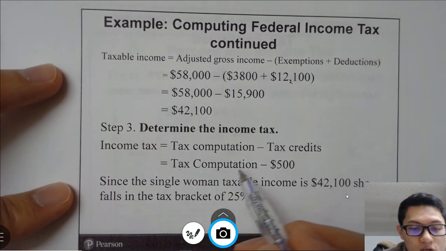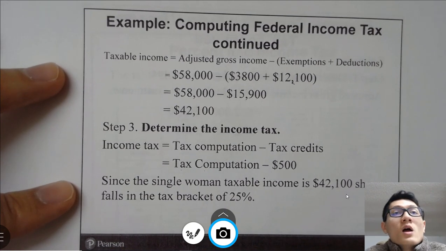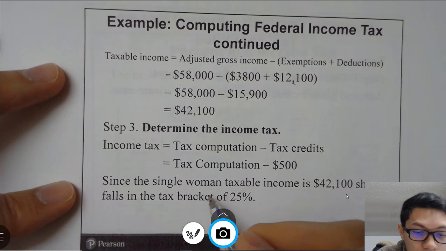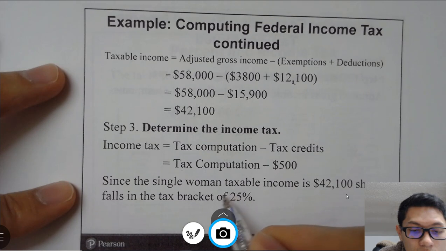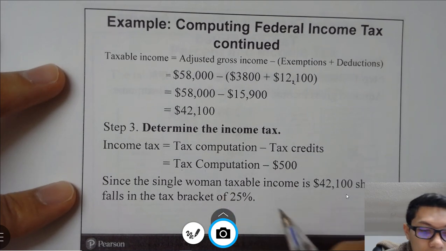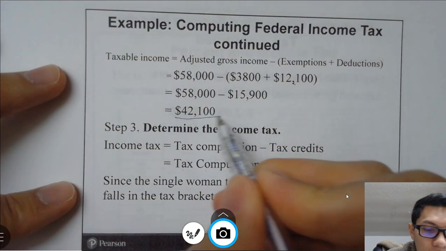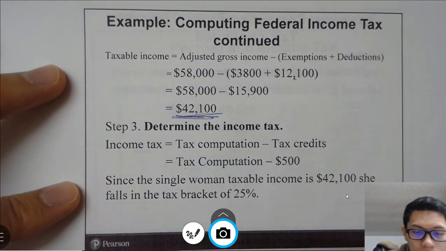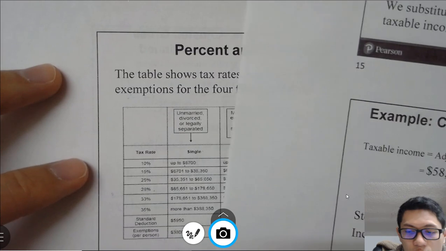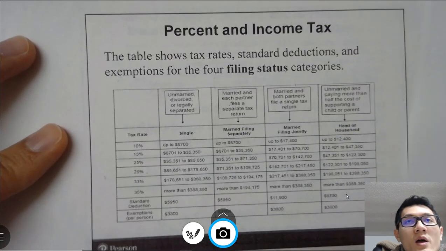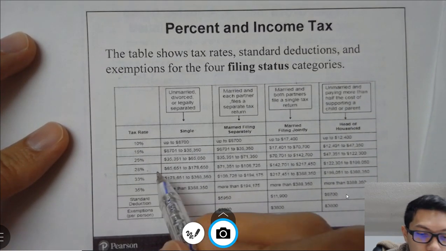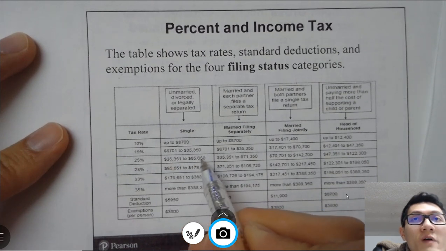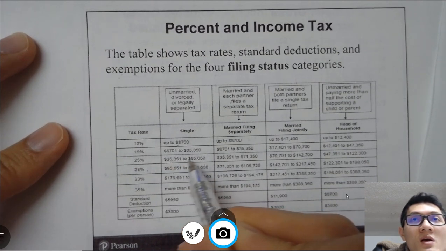Okay, now her taxable income is 42,100. This is her taxable income, and this amount, 42,100, is between 35 and 85. 42,000 is between these two numbers.